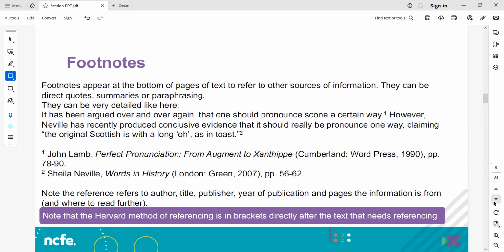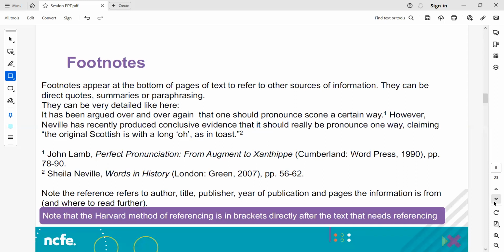So that could be a textbook, an article, and so on. So footnotes appear at the bottom of pages of text to refer to other sources of information, and they could be a direct quote, a summary, or paraphrasing, and can be very detailed like this one.